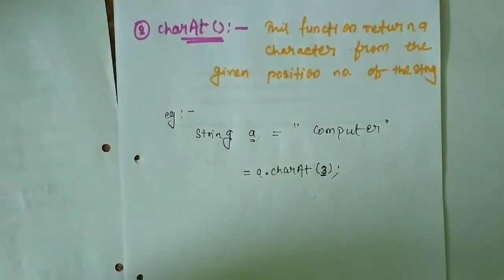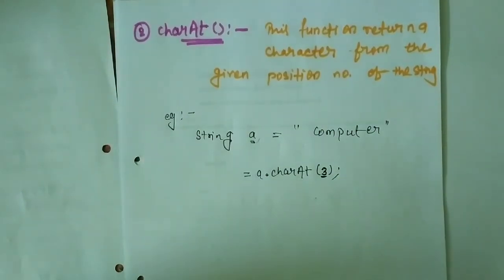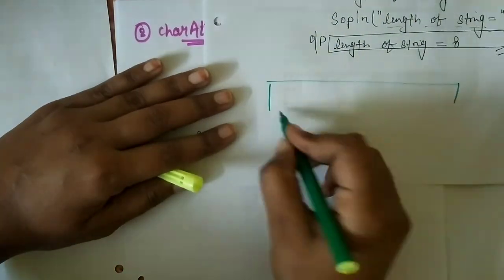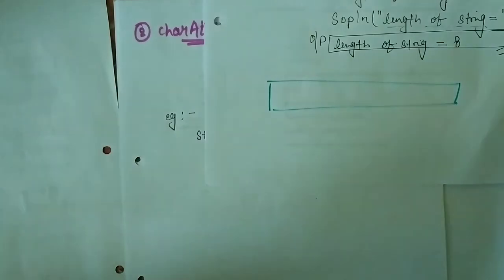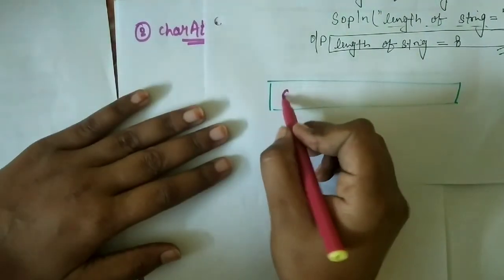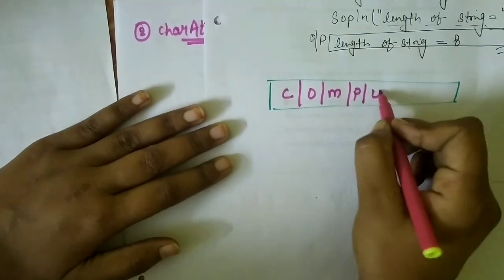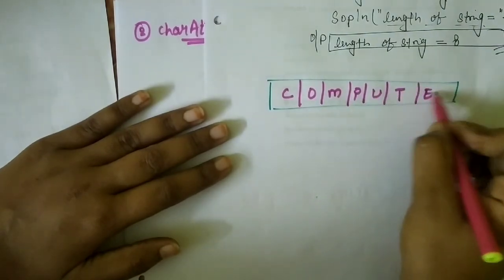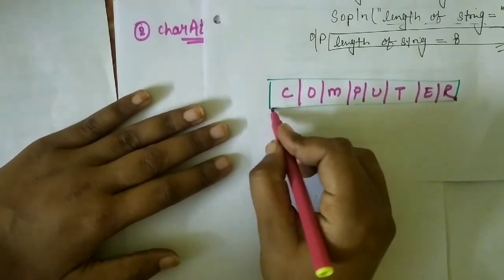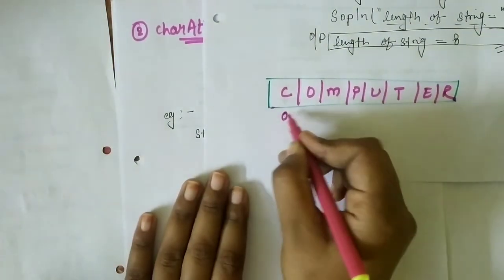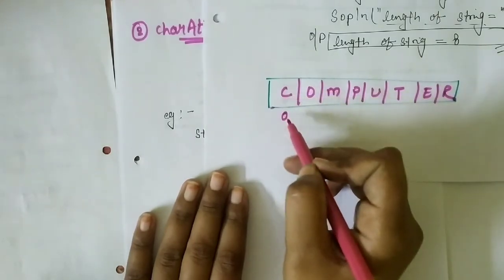Let's understand the index or the position of a string. Suppose this is the memory, and the string COMPUTER is stored in it. In memory, the values are stored from index 0.